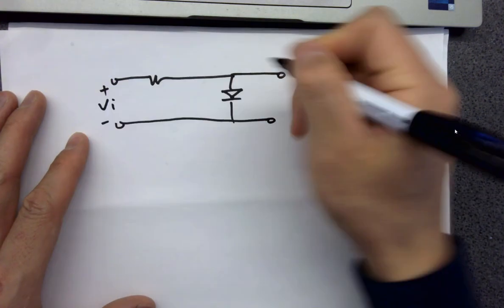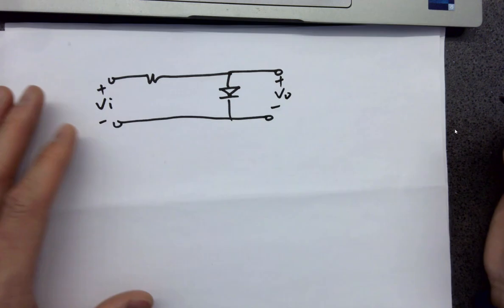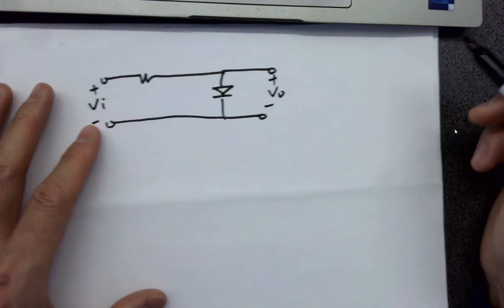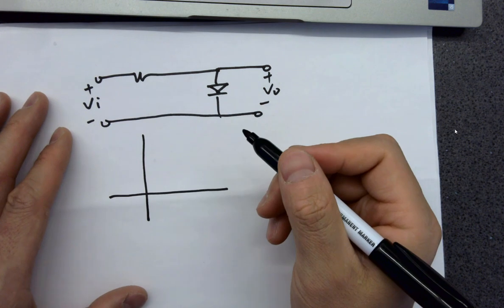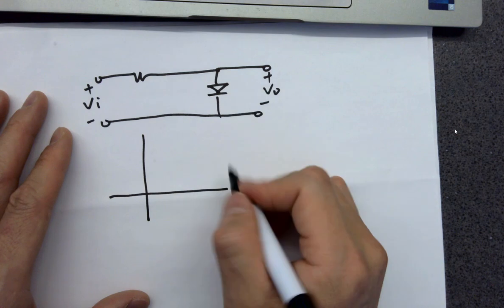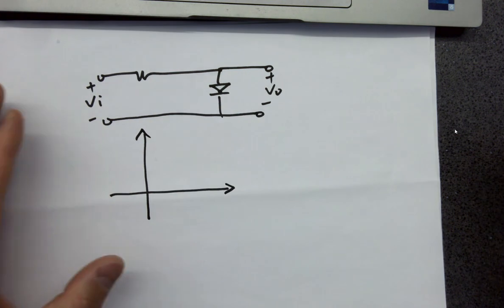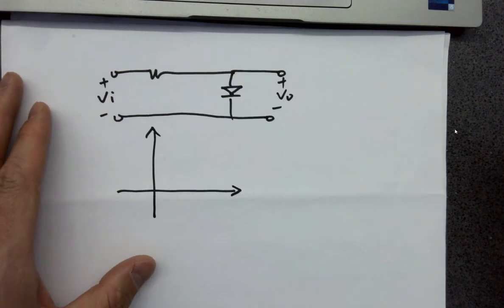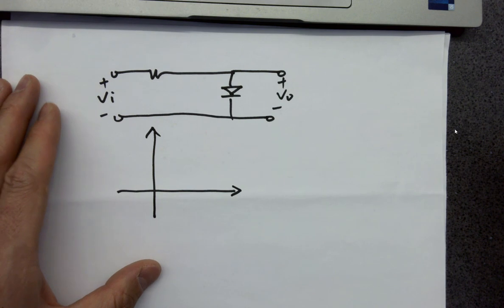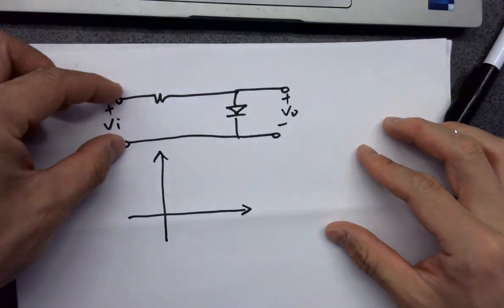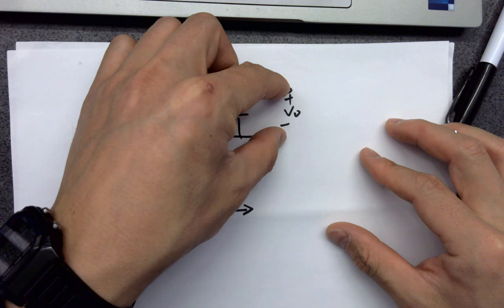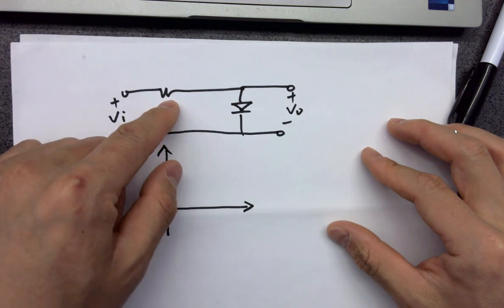Plus minus V in, plus minus V out. If I increase V in, can you plot V out for me? V in is not V out because there's a resistor dropping the voltage.